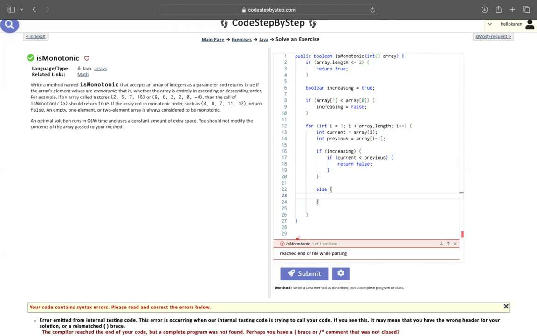It'll work either way. You can check to follow the trend or you can check to break the trend. Both ways will work. It's just like what we did for increasing. If current is greater than previous, return true.